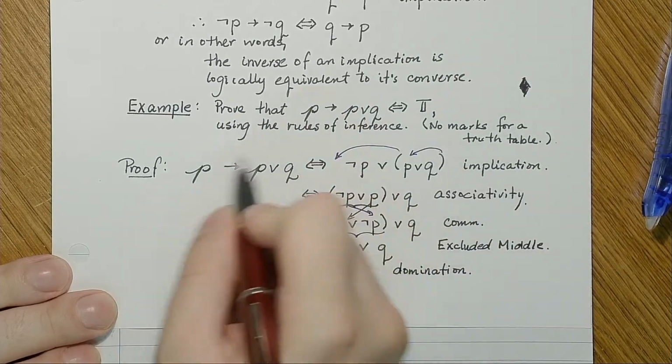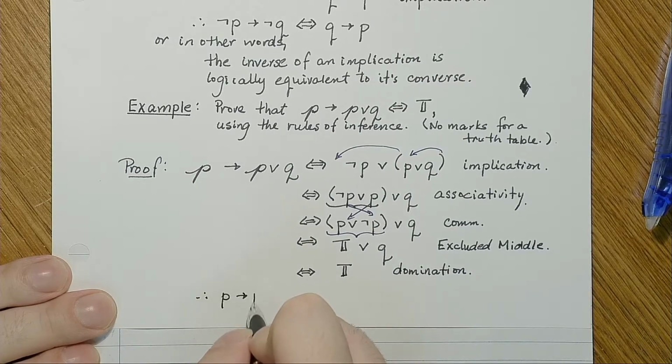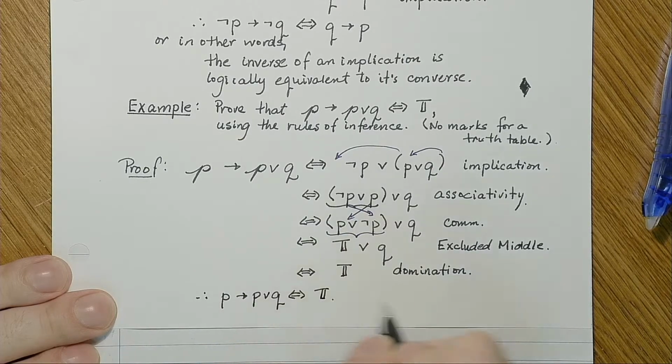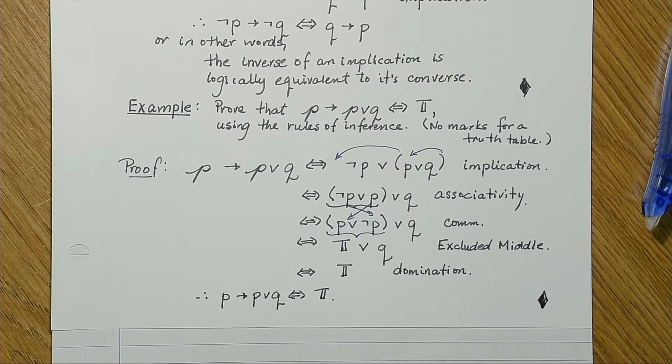So we have shown that the left-hand side is equivalent to the right-hand side. So therefore, there we go. So everyone's okay with that so far.